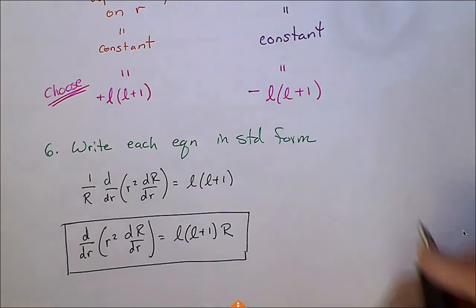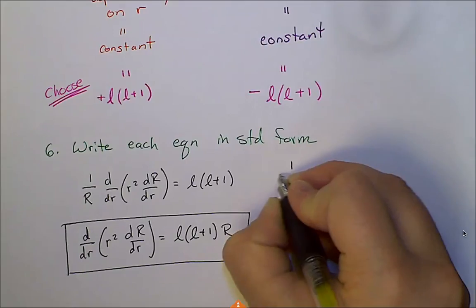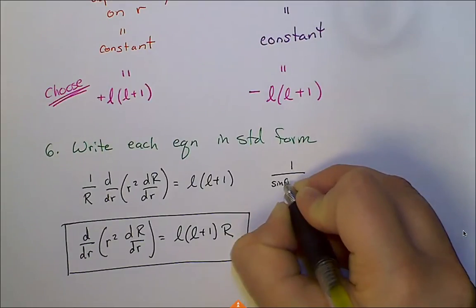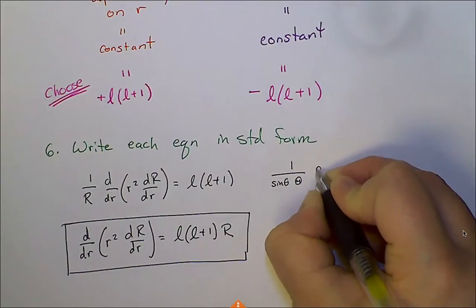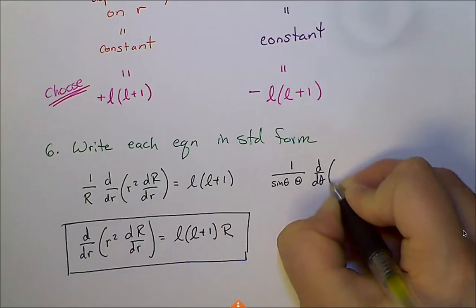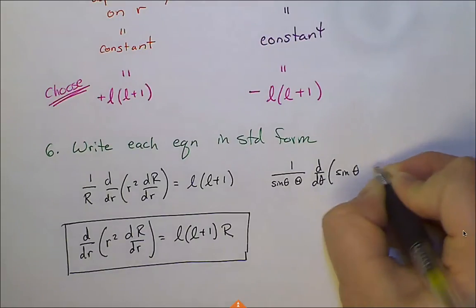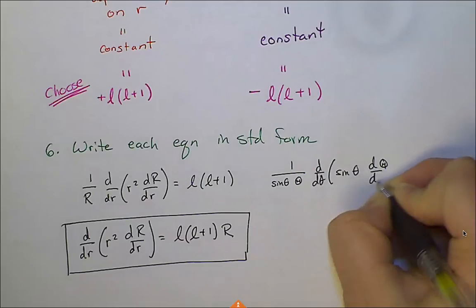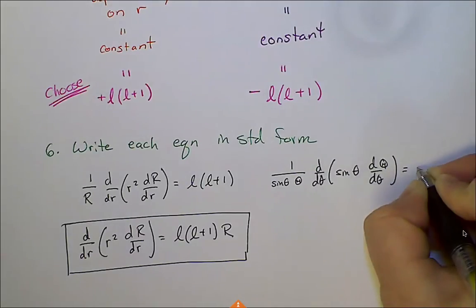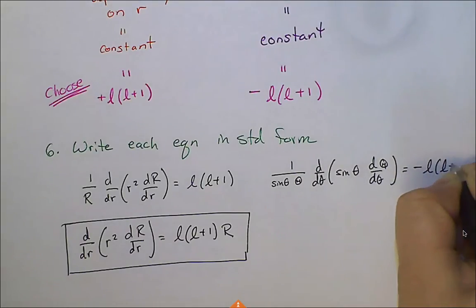All right, let's do this again for the theta equation. 1 over sine theta times big Theta, d d theta of sine theta d big Theta d little theta, is equal to minus L times L plus 1.